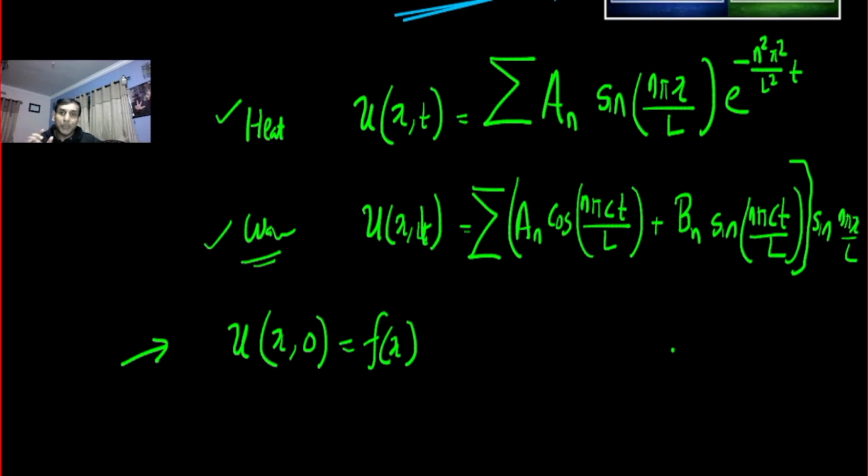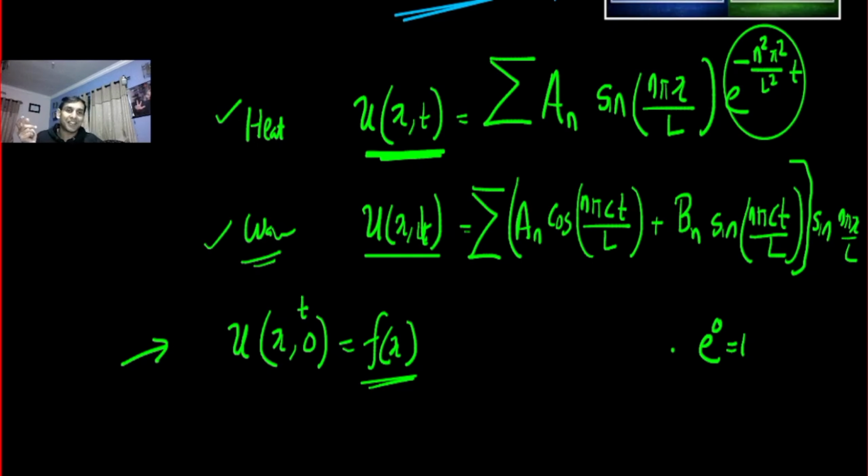So what you have to do is replace this part, be it heat or wave, with the function and plug in t equals 0. Now this is where we get our advantage. When t equals 0, we get e to the power 0 which is equal to 1, so this whole part will become 1.